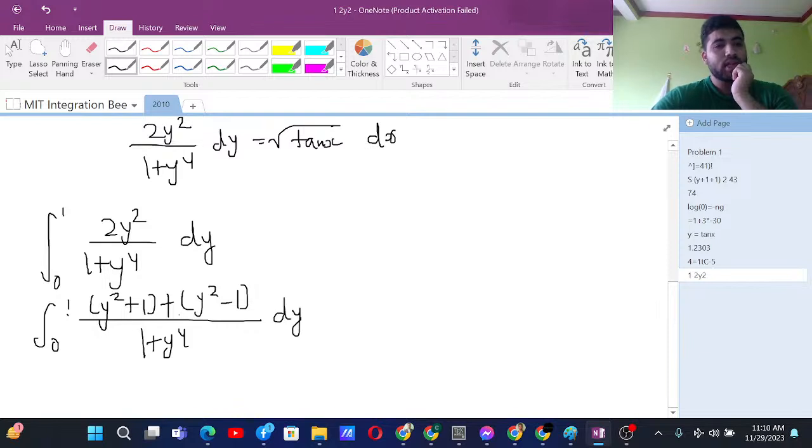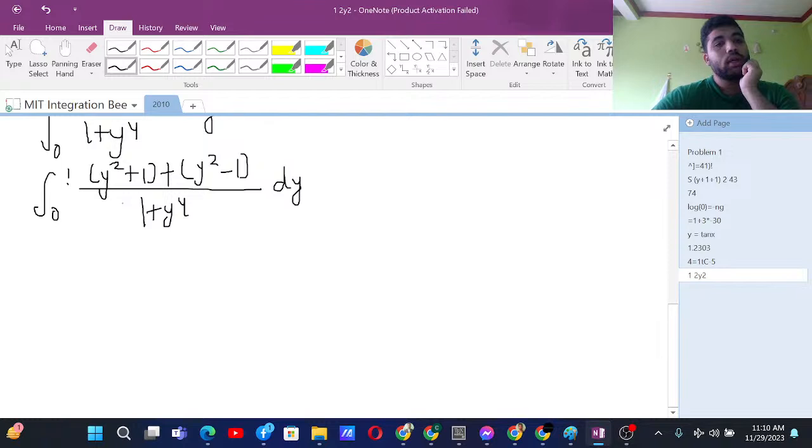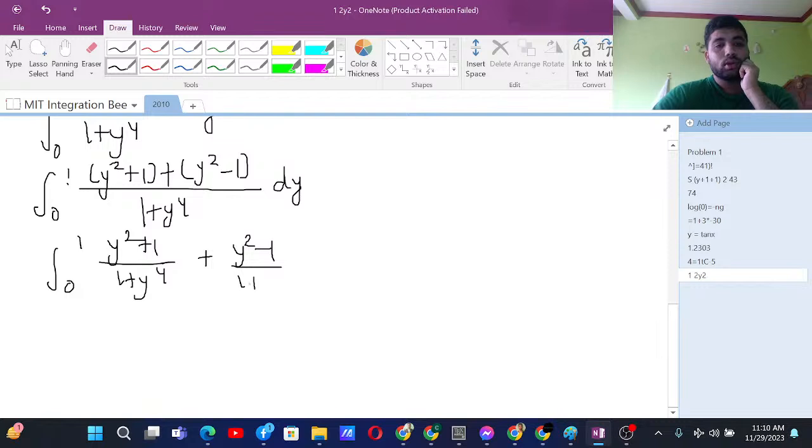This is one of the standard techniques. And now we can just separate these into two integrals: 0 to 1 y square plus 1 by 1 plus y to the power 4, plus y square minus 1 by 1 plus y to the power 4 dy.